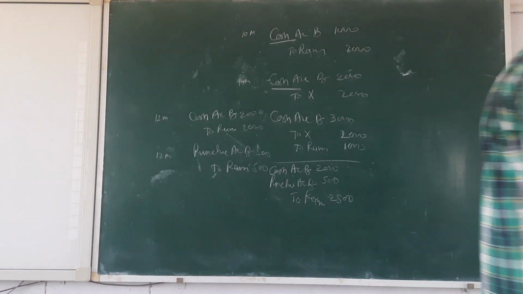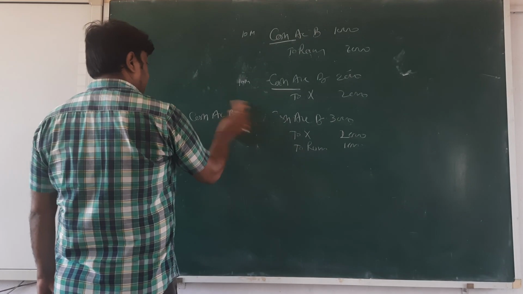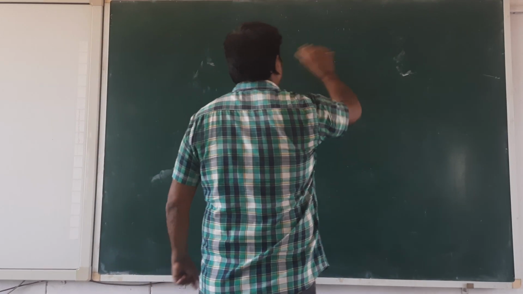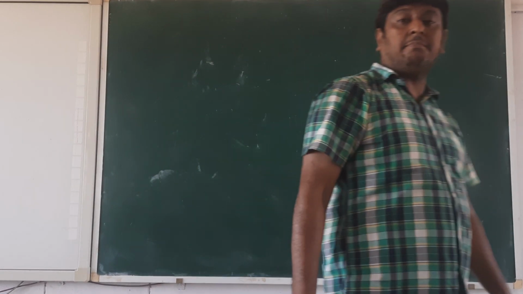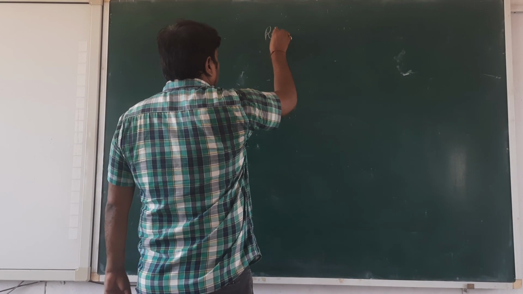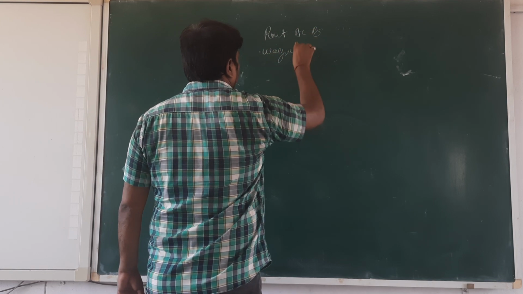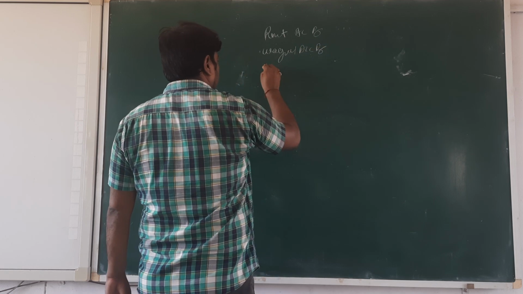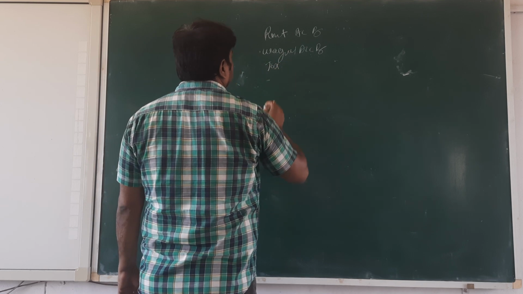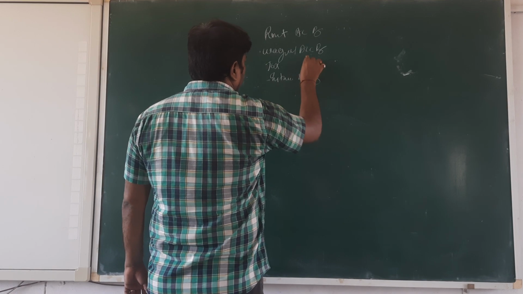Okay beta, in the same way, some questions are given in the book where many expenses are given and paid by cash, like rent paid, wages, tax, interest account debit.